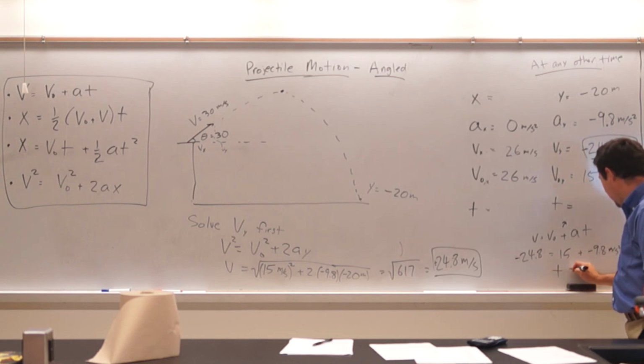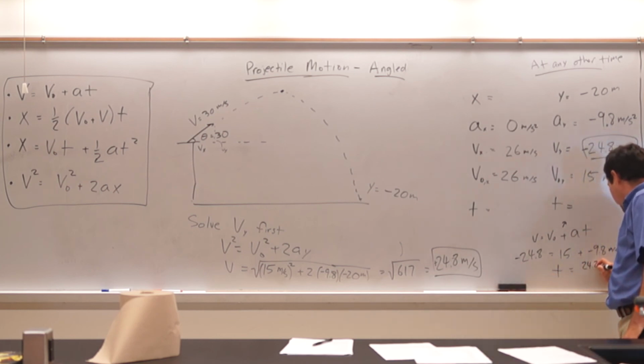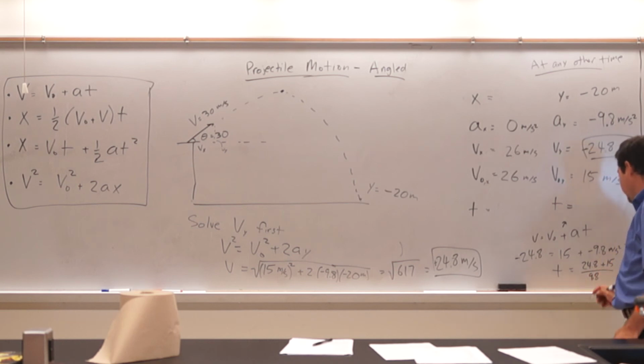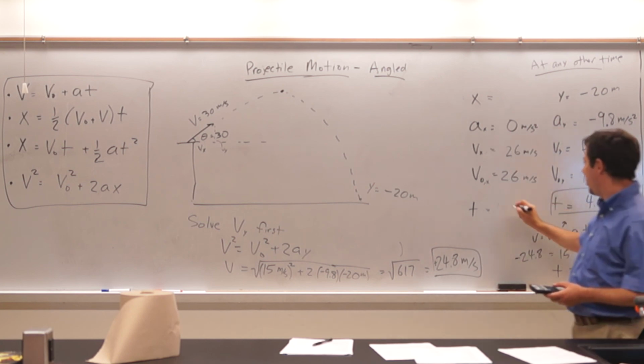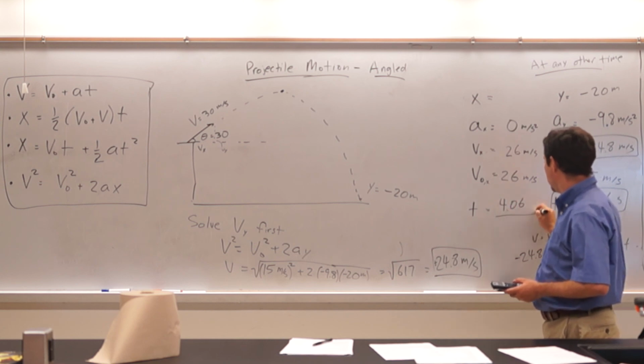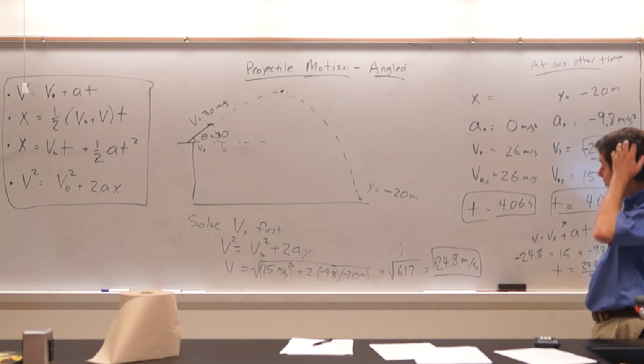So you end up getting time is equal to 24.8 plus 15 divided by 9.8. I divided the negative signs out of there. And that equals 4.06 seconds. And if you put 4.06 seconds, then you can figure out that x distance pretty easily.